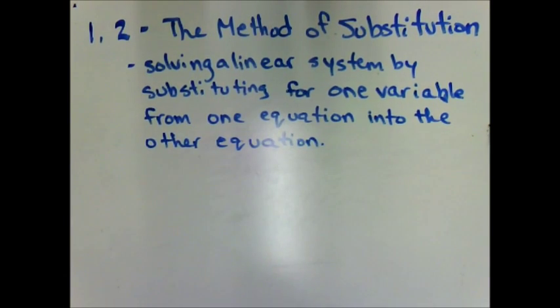Okay, so we know in a linear system there are two equations of a line, and we want to find out where they intersect. One way to do that is to use the method of substitution.